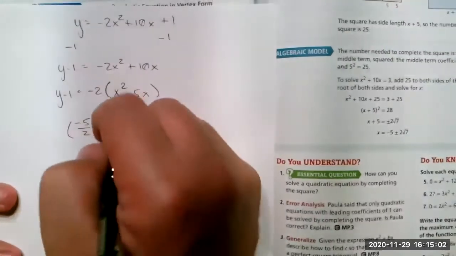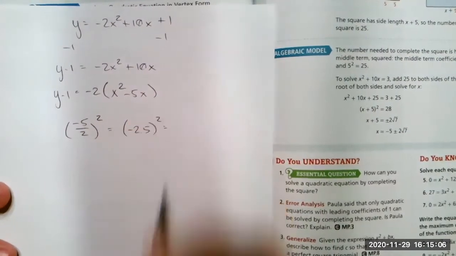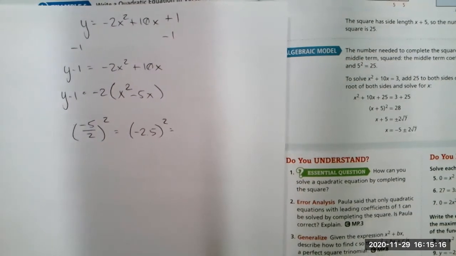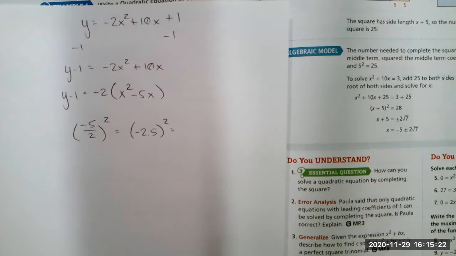Some people are just more comfortable with decimals, so we'll go ahead and change it to a decimal. We'll call it negative 2.5. And then negative 2.5 times negative 2.5 is going to be, brain's just fried, so I'm going to just go and multiply it on the calculator. 6.25.